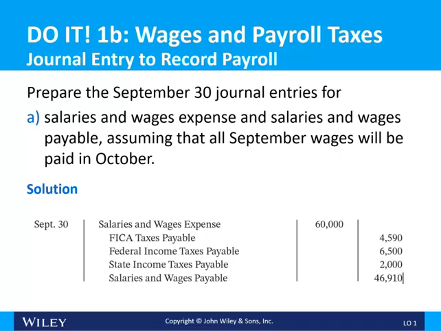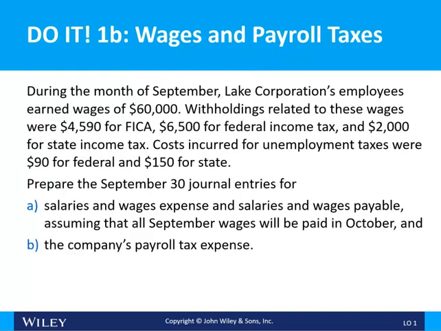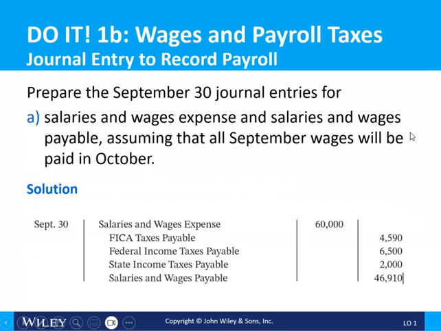The difference is going to go to salaries and wages payable, $46,910. Okay, so there's the entry, and we got the information from this data here. $60,000 is our salaries and wages expense. $4,590 is for FICA, $6,500 federal income tax, $2,000 state income tax. And then we need to calculate the salaries and wages payable as the difference between those.